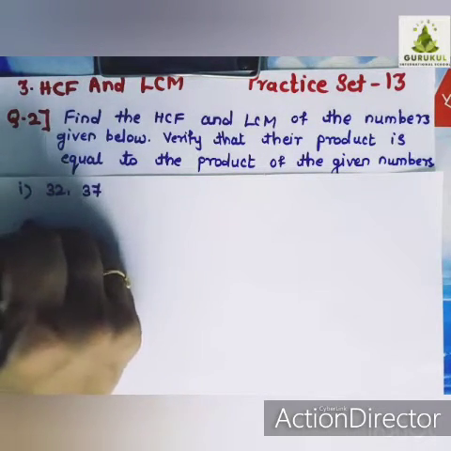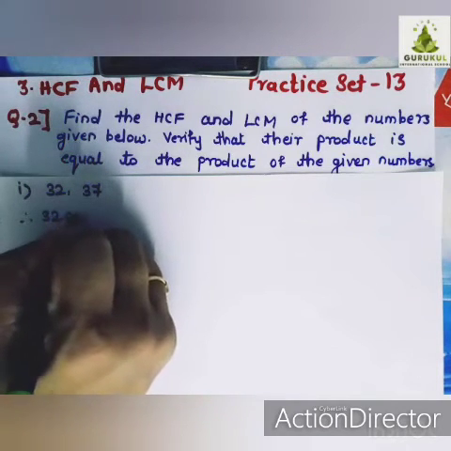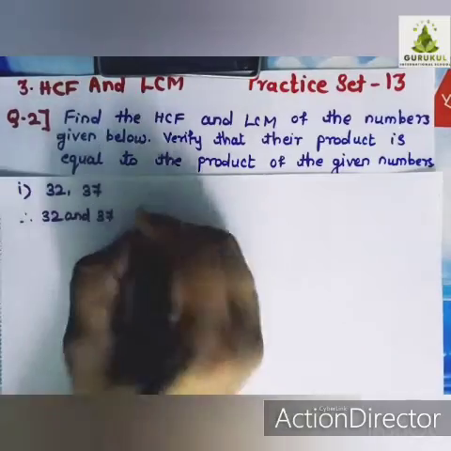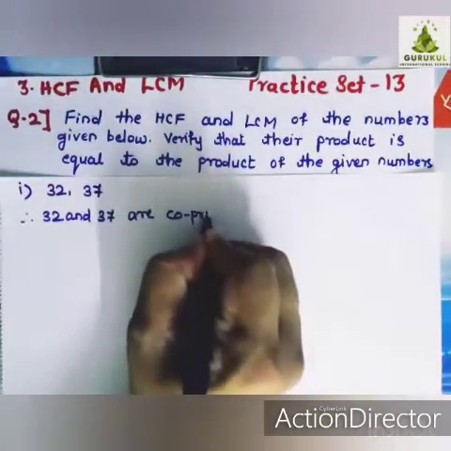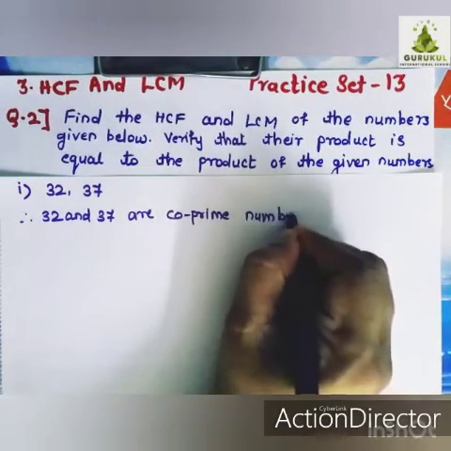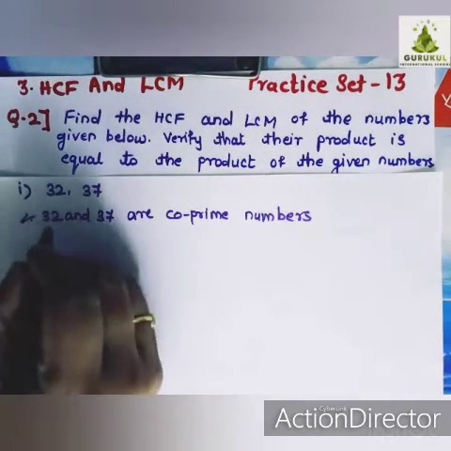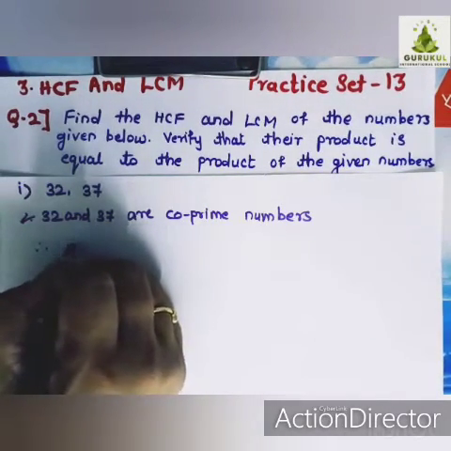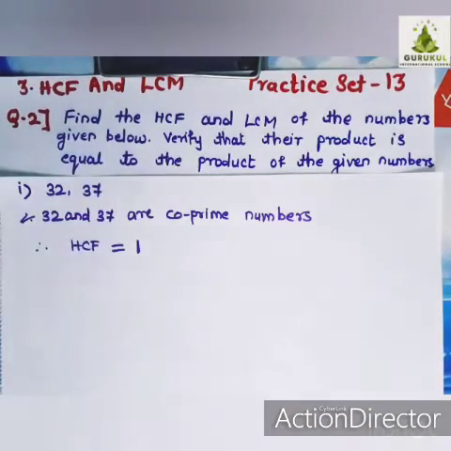So we can write here 32 and 37 are co-prime numbers. Therefore, HCF for 32 and 37 is equal to 1.